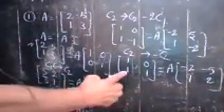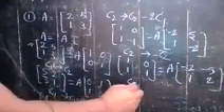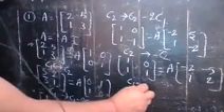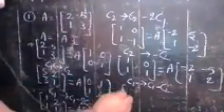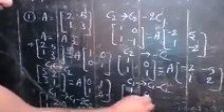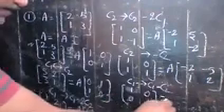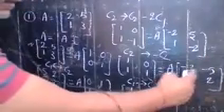Now just see. Here you have 1. Now at this element you have 0. So what do you do? Yes, C1 replaced by C1 minus C2. So here you have 1, here you have 0, 0 and 1. And in the same way, on the right side, C1 minus C2.